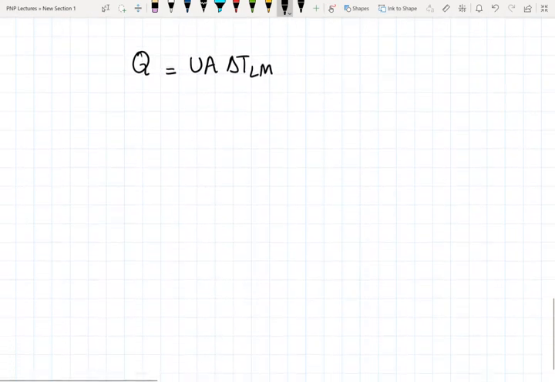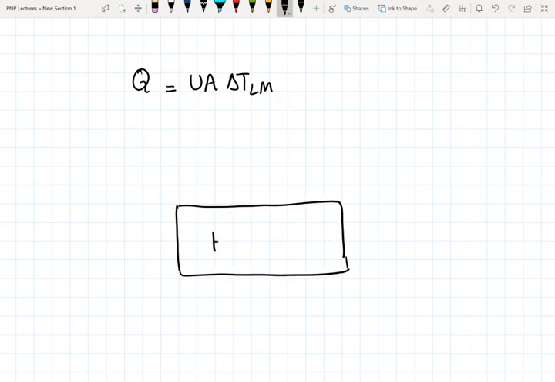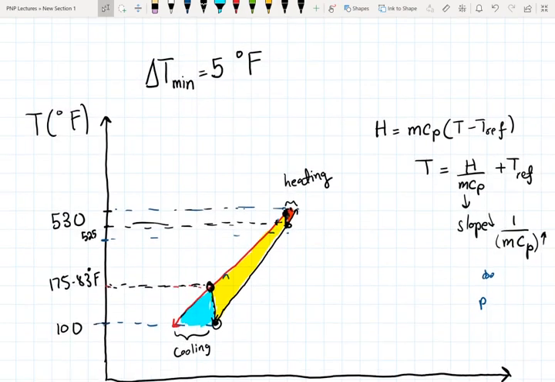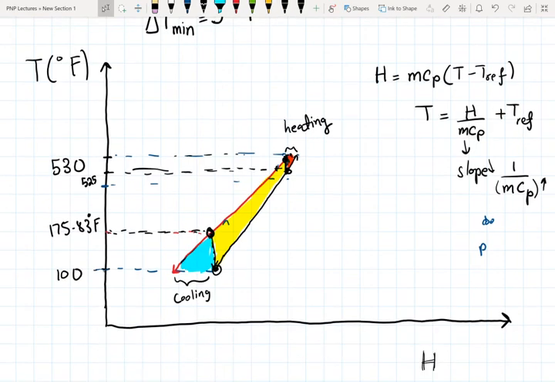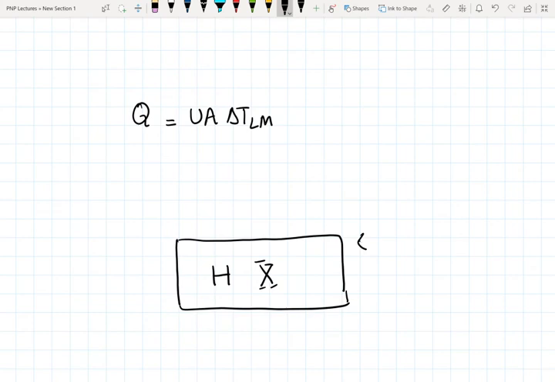So in practice, this is what your network is going to look like. So you have your heat exchanger, and in our case we had the hot stream entering the heat exchanger and we had the cold stream entering the heat exchanger at the source temperature.